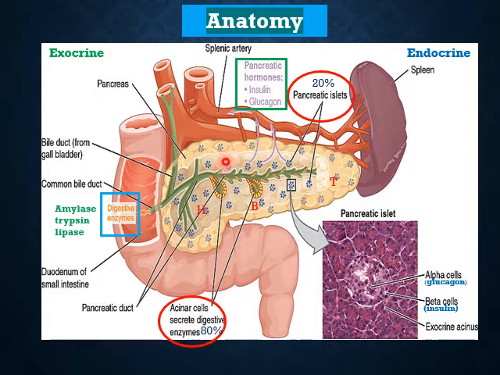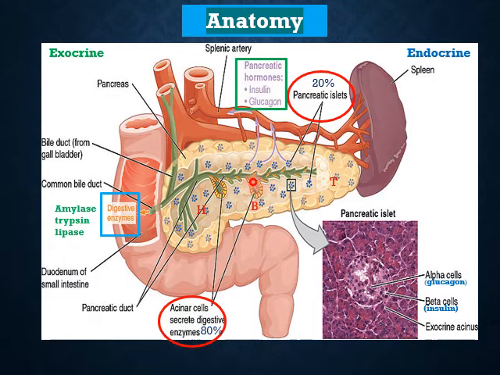Okay, there are two types of cells in the pancreas, the exocrine and the endocrine. The exocrine glands occupy 80% of the cells, and these are the acinar cells which secrete the digestive juice. These digestive juices contain amylase, trypsin, and lipase. Together, they are known as the digestive enzymes.